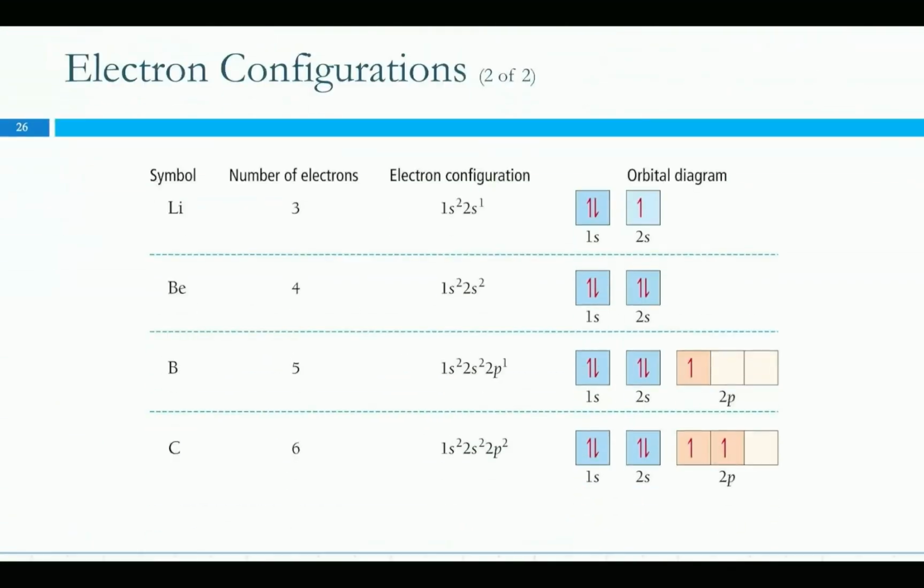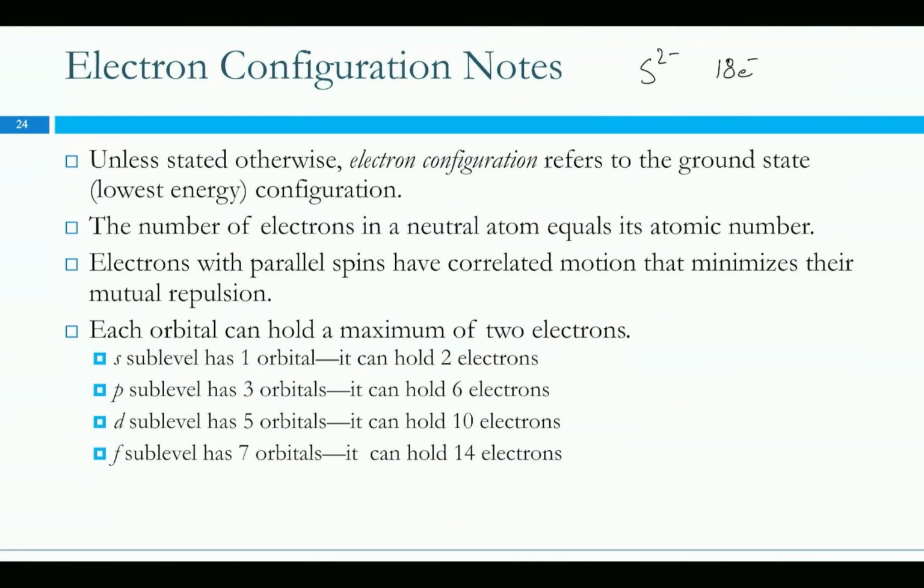Yeah, we'll talk about those exceptions. Most of the exceptions have to do actually with this part. Electrons with parallel spins have correlated motion that minimizes their mutual repulsion. Meaning to say, if you can have an orbital filled with just parallel spins, that lowers the energy. And I guess even to a greater extent, if you could have one electron in each of the orbitals in a subshell, because most of the time it happens with the d orbitals.